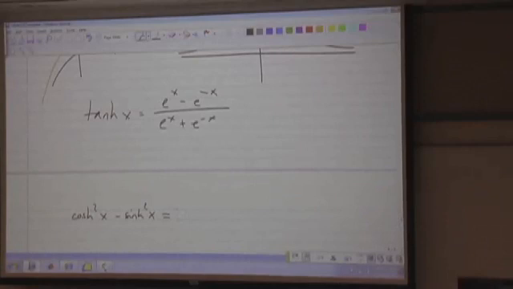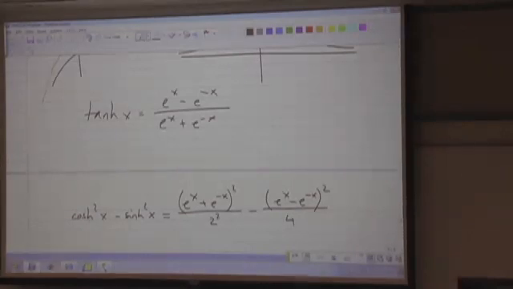You get e to the x plus e to the minus x squared divided by 2 squared, so 4, minus e to the x minus e to the minus x squared divided by 4. I'm going to skip the details because I just did this about 15-20 minutes ago. This is just 4 over 4, so it's equal to 1.